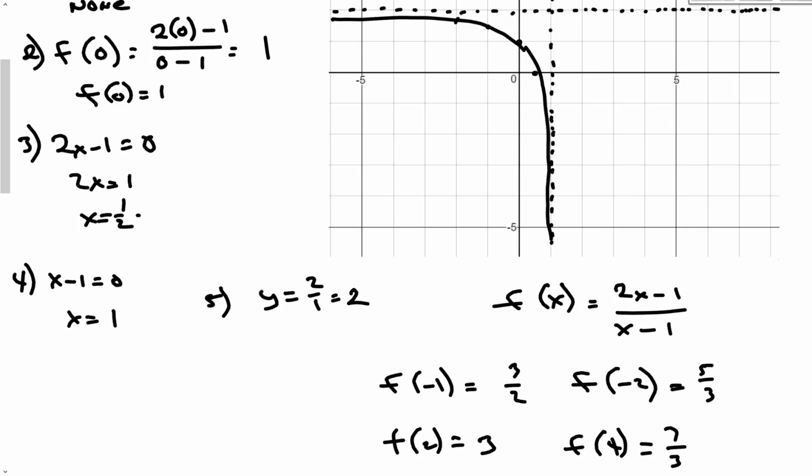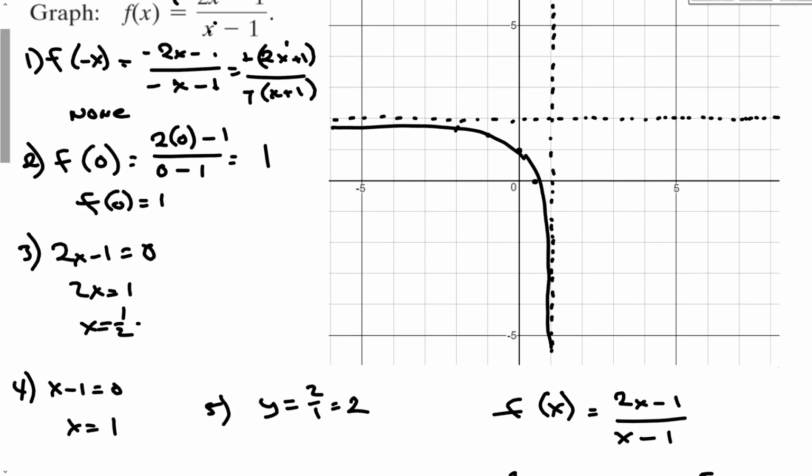And you're going to get a lot of fractions when we graph these things. So f of 2 gave me 3, and f of 4 gave me 7 over 3, which is 2.3.